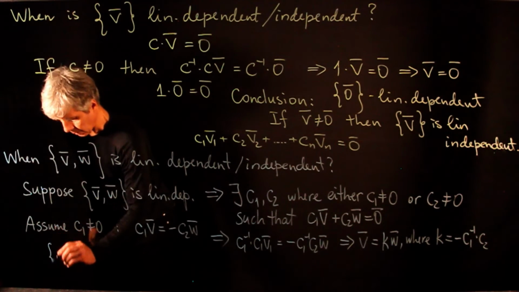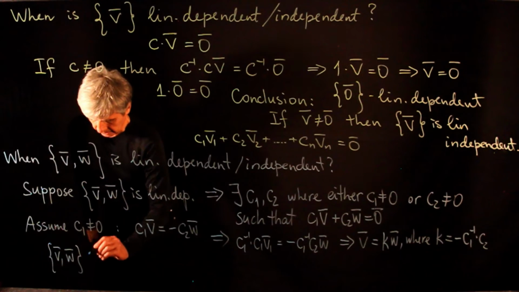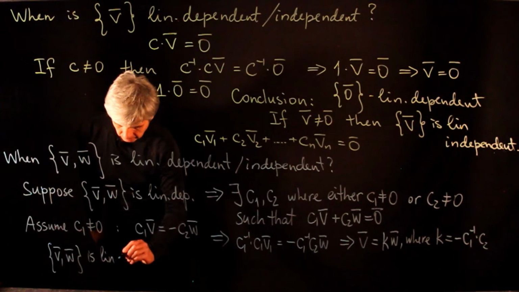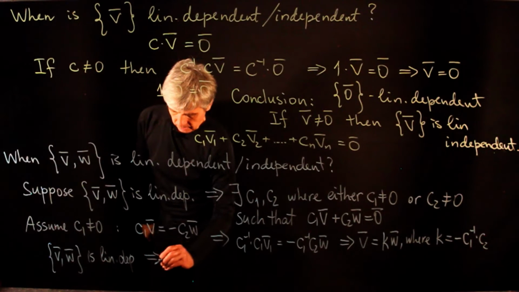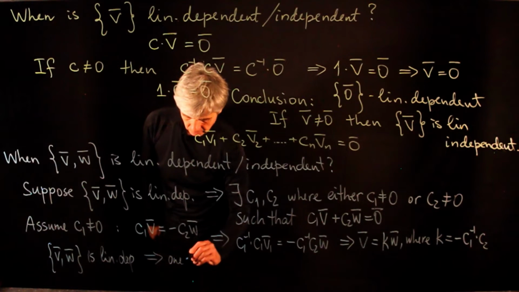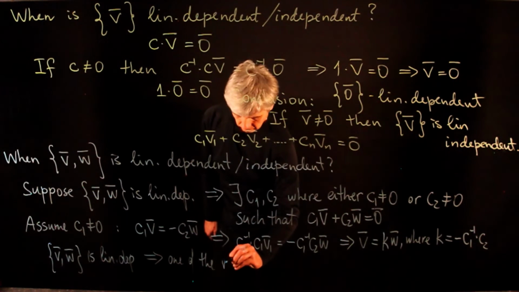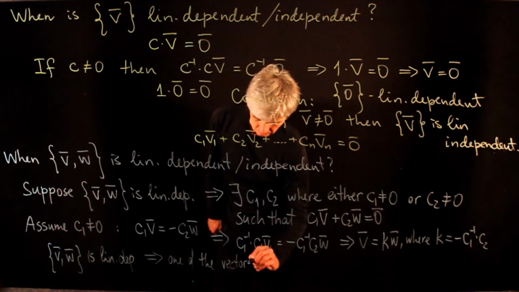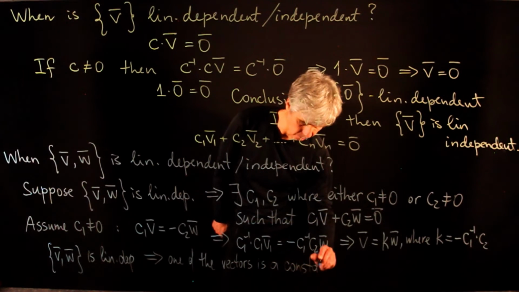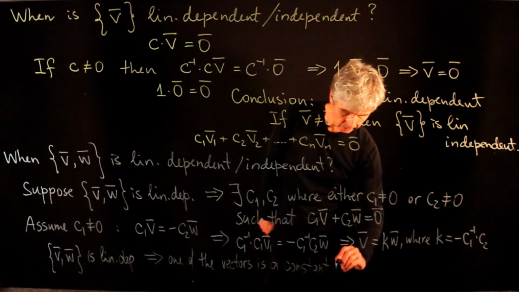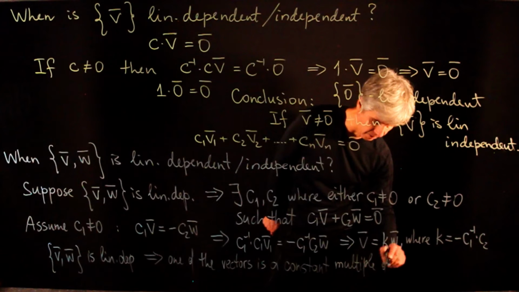So we get that if this set is linearly dependent, then this means that one of the vectors is a constant multiple of the other.